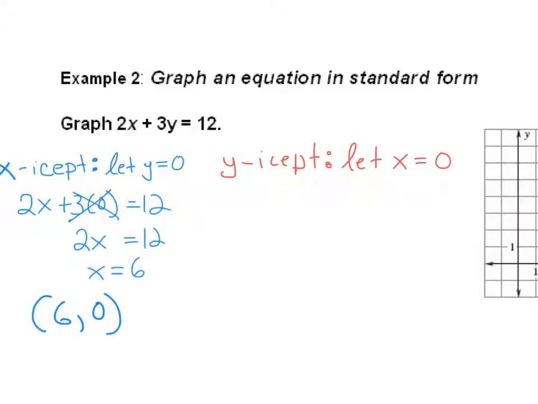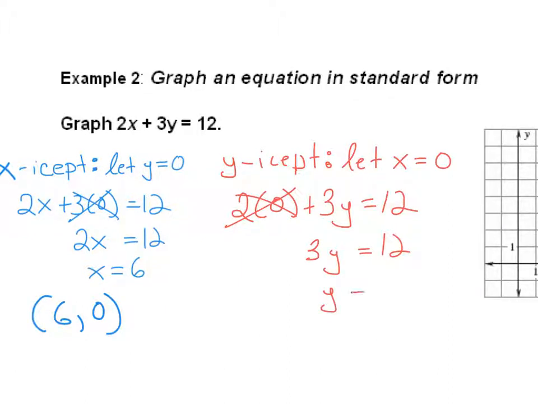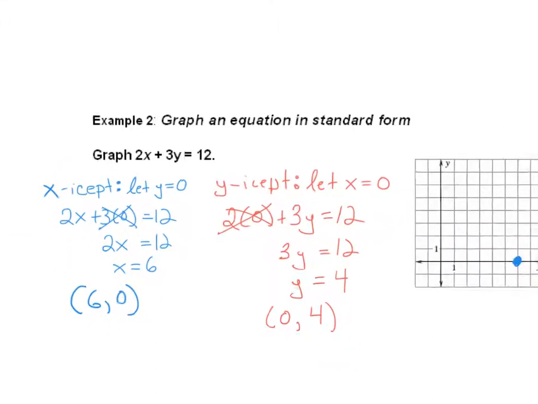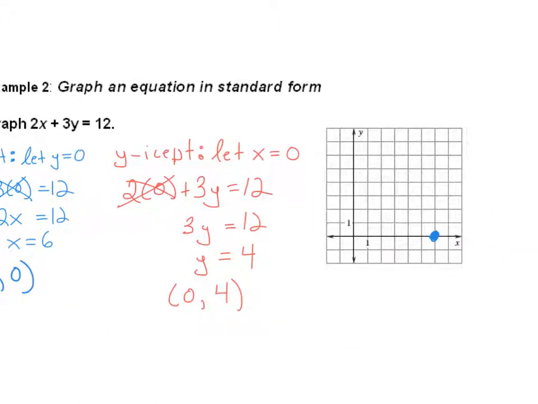So I have 2 times 0 plus 3y equals 12. 2 times 0, that's just 0. So I get 3y equals 12. Divide both sides by 3, I get a y value of 4. So when x was 0, y was 4. So I can plot it and see how it lands on the y-axis. That means it fits our definition for being our y-intercept.